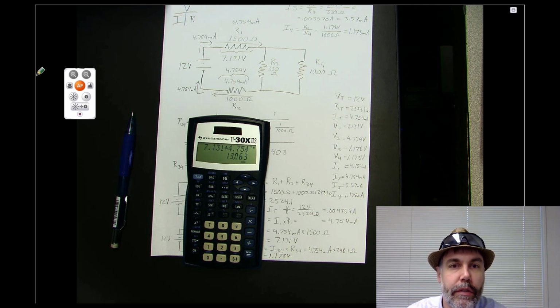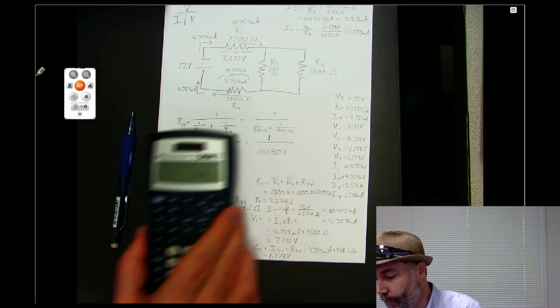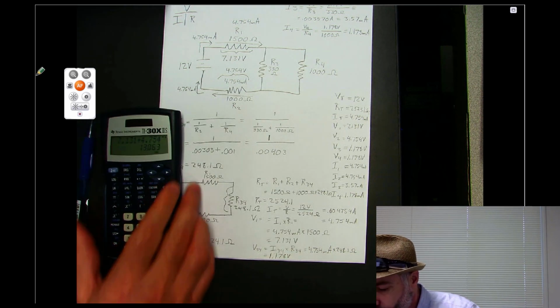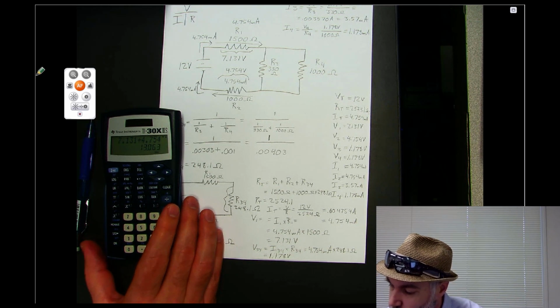So, okay. So that tells me that I did something wrong. So then I would have to go back and check that out and figure out where the problem was.